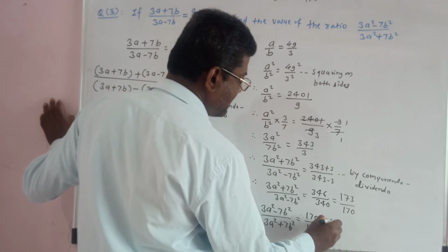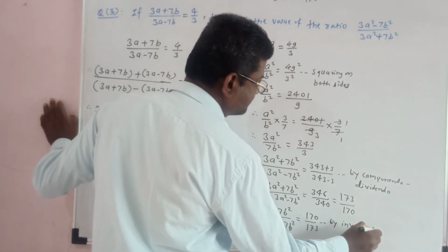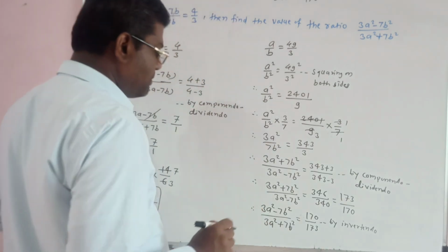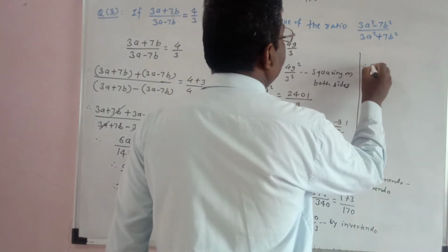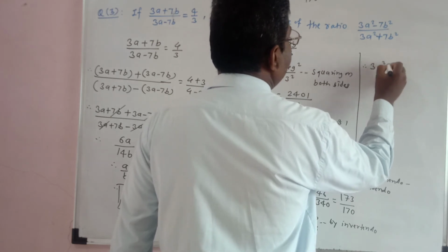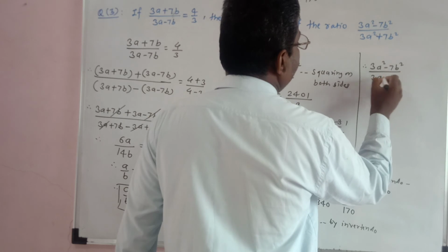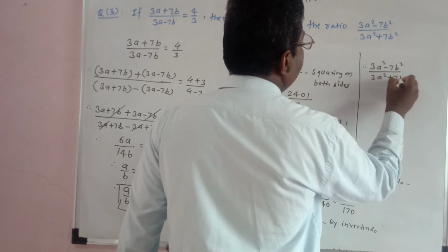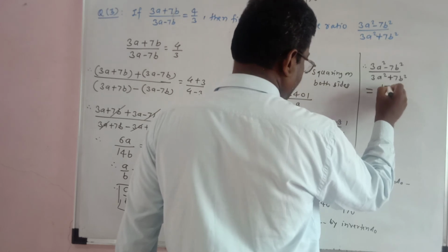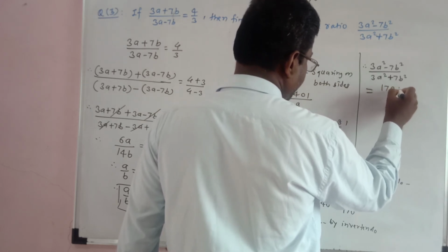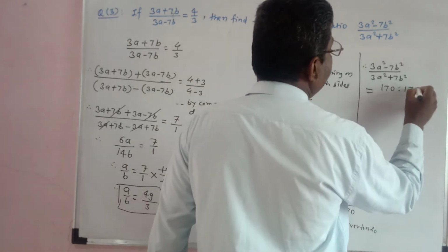It is by invertendo. Therefore now our final answer is 3a square minus 7b square upon 3a square plus 7b square is equal to 170 is to 173.